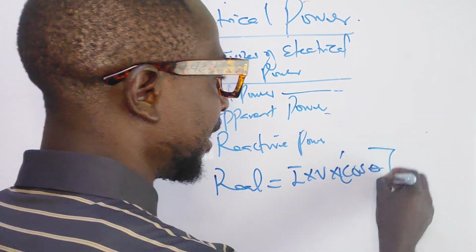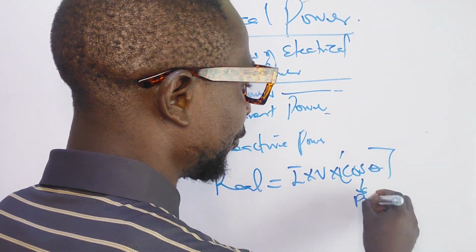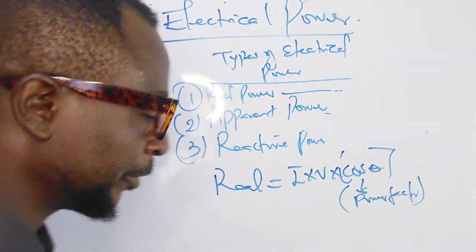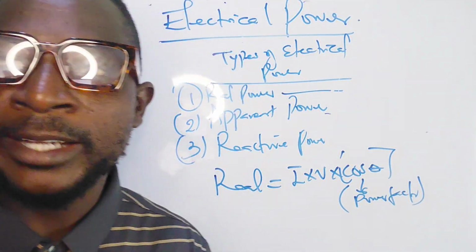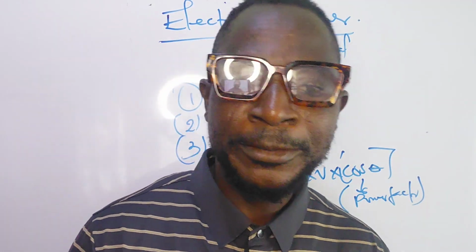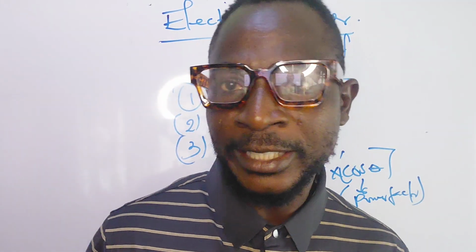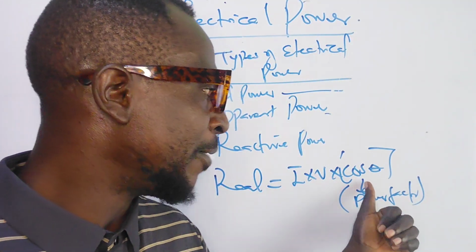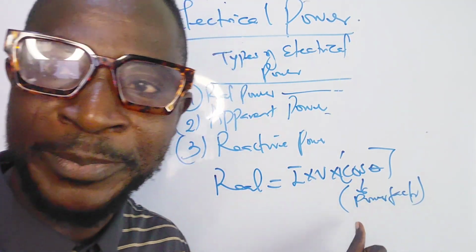So this cos theta here is what we call the power factor. So if your inverter is rated in kVA, you can get the real power that can be gotten out of that inverter. So definitely the power factor will be given.